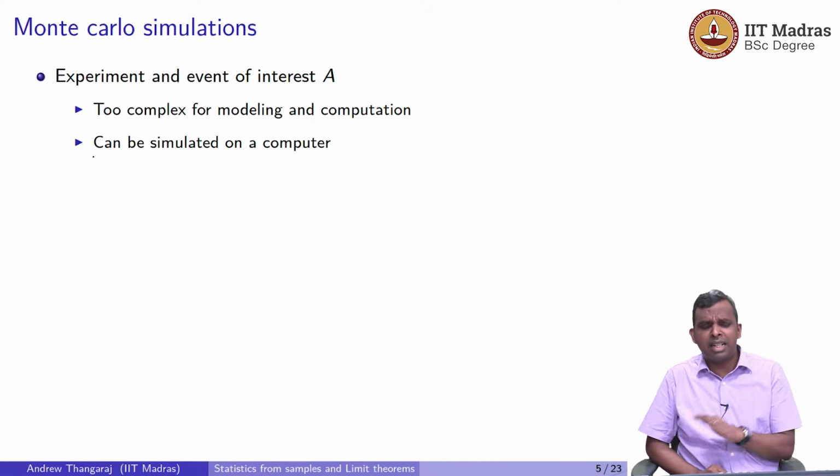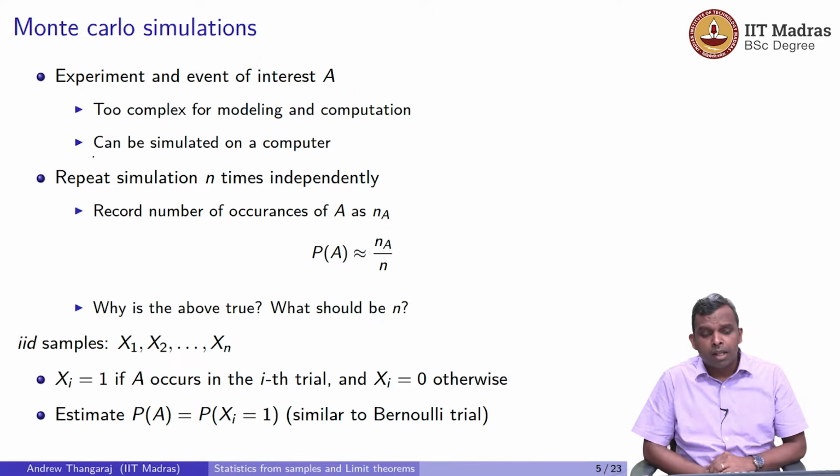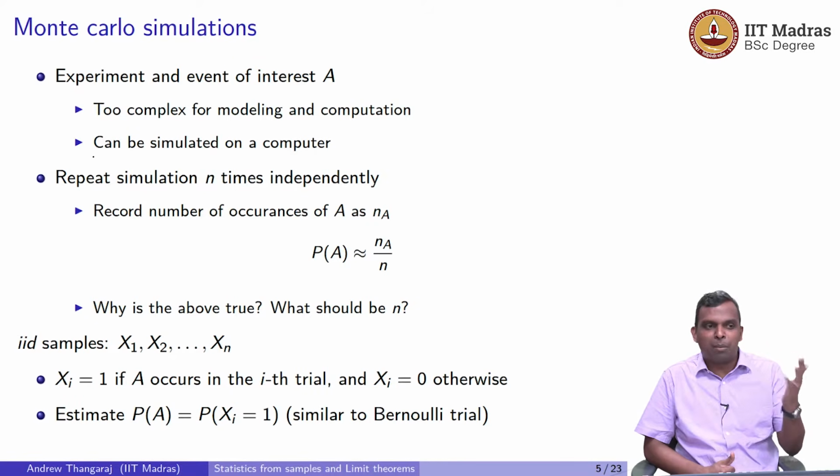A very similar example is Monte Carlo simulations. I want to go through this a little bit fast. So there is again an experiment or event of interest. This is typically too complicated for you to write equations with. So we wrote some programs, and even if we did some analytical calculations, we wanted to check if it's correct or wrong. So we wrote a program, simulated it, and then repeated the simulation multiple times independently, and that's crucial, right?